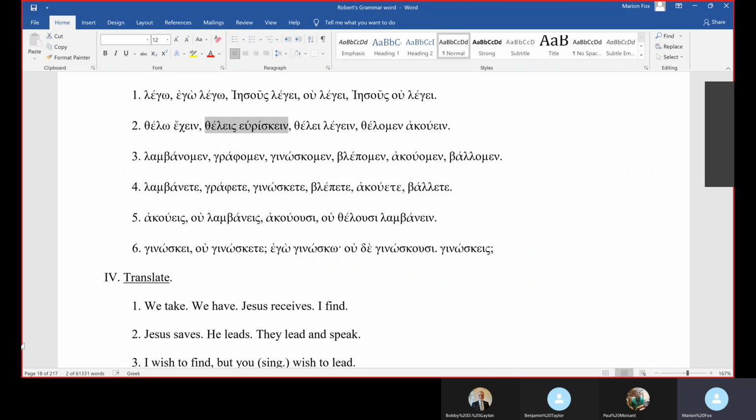Delays, that'd be second person. Delays, you desire again, this is second person. You will or you desire to have. That's an infinitive, to have. Present infinitive, to continually have, see.